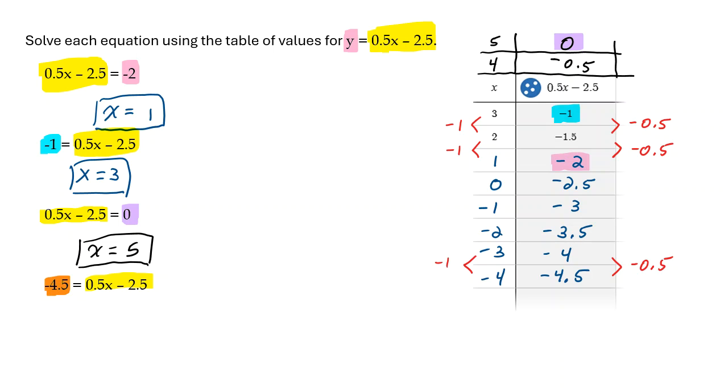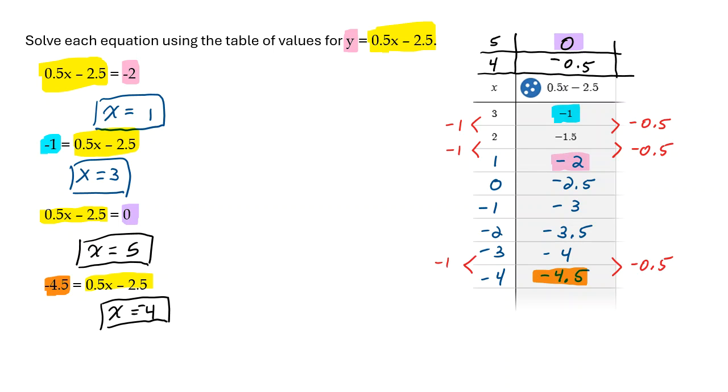So there we go, I have my answer. The x value of negative 4 will give me the output of negative 4.5. And again, you could certainly verify this is the solution by plugging it in, or solving it algebraically, or even looking at the graph.